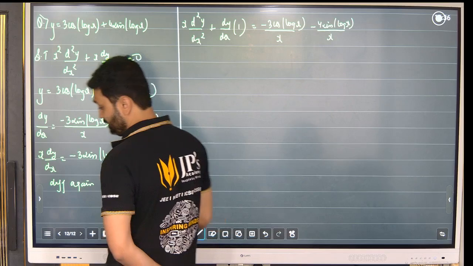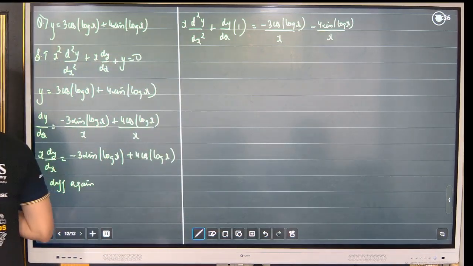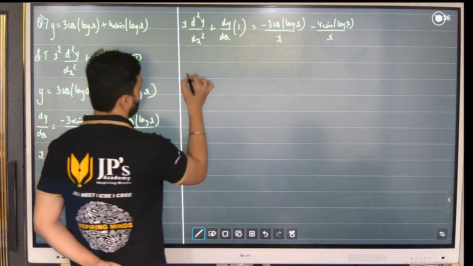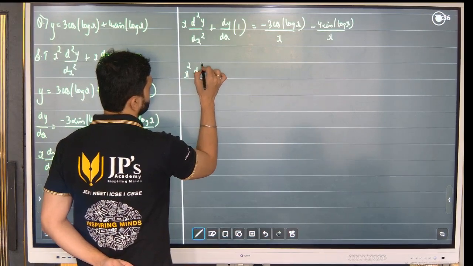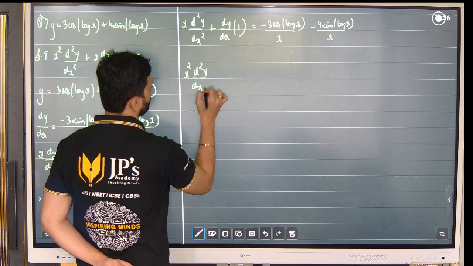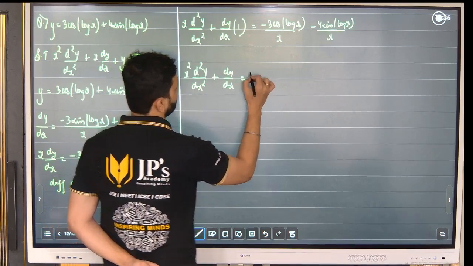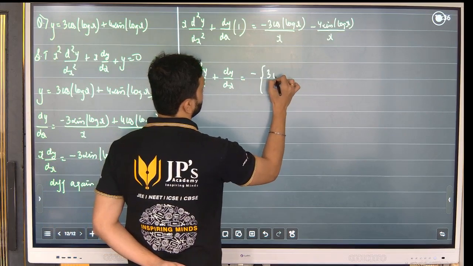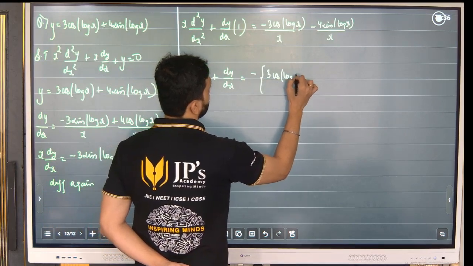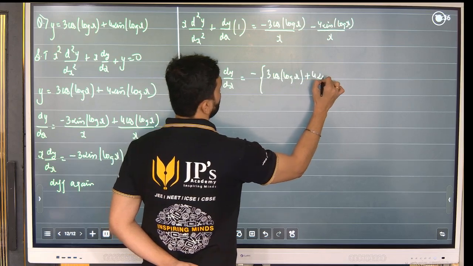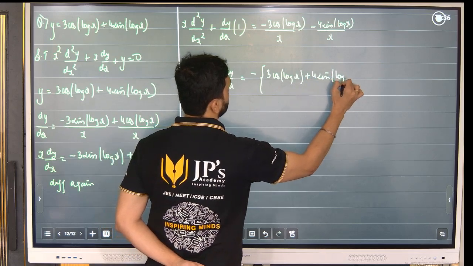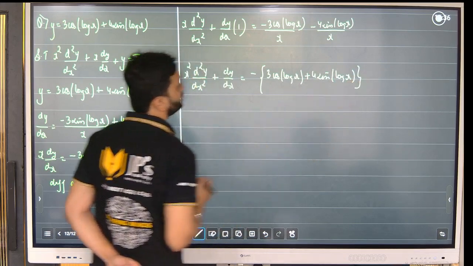Now I'll take the denominator on the left hand side. So this will become x square d square y by dx square plus x dy by dx is equal to minus 3 cos log x plus 4 sin log x.